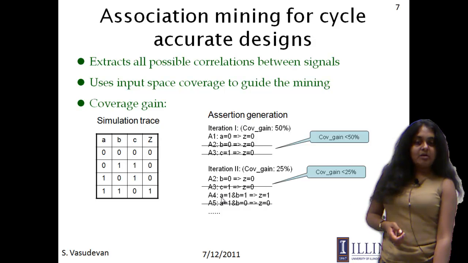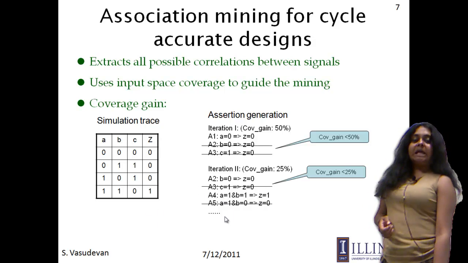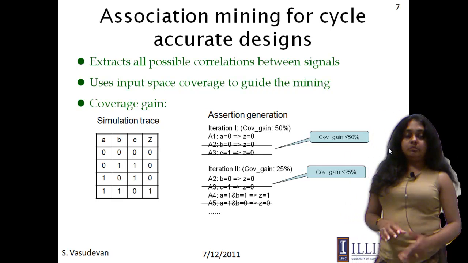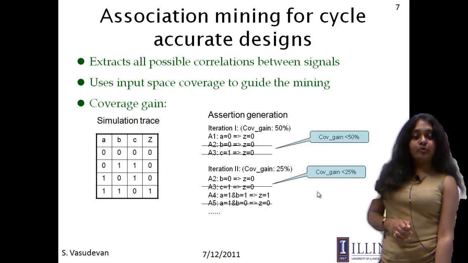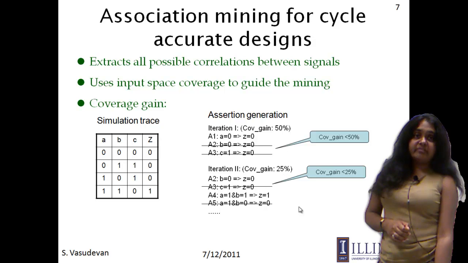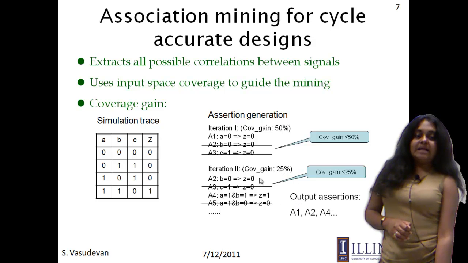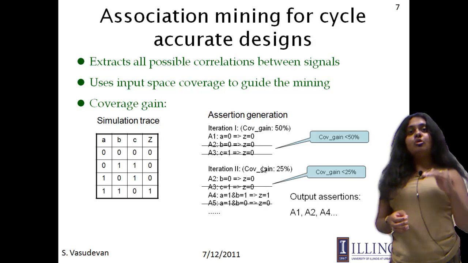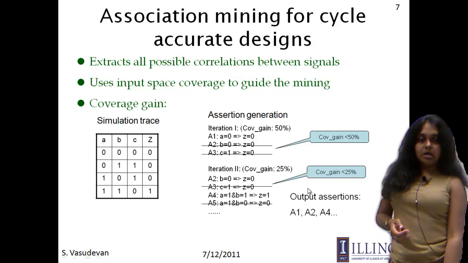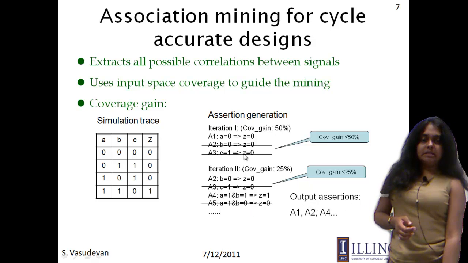A4 still stays because the coverage gain because of inclusion of A4 is higher than or equal to 25%. So, if you keep going like this, and you don't go below a minimum coverage gain threshold, then the output assertion set is, in this case, A1, A2 and A4.